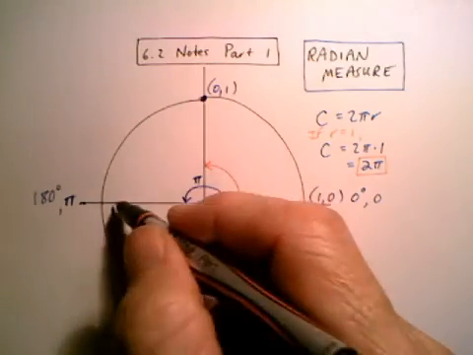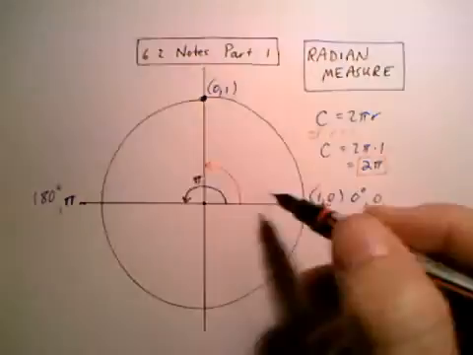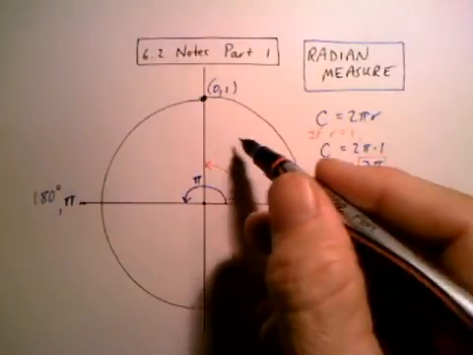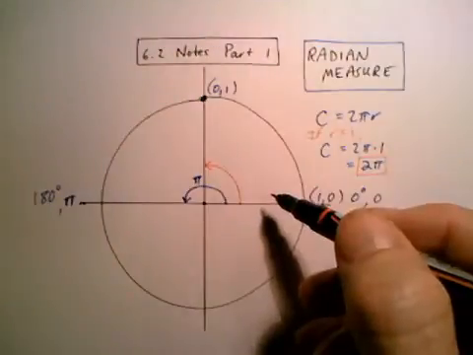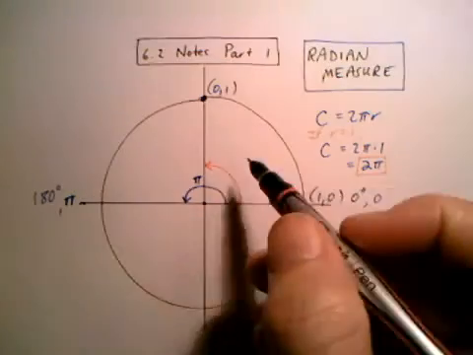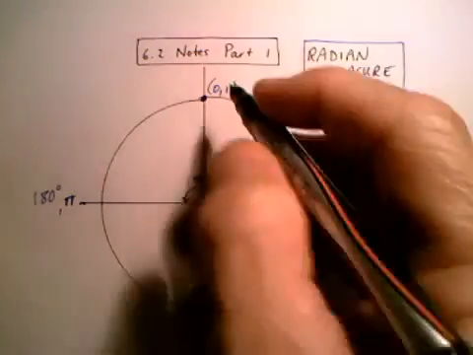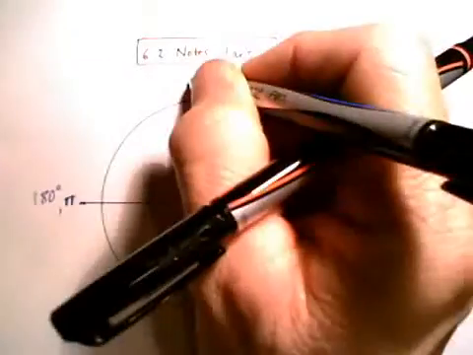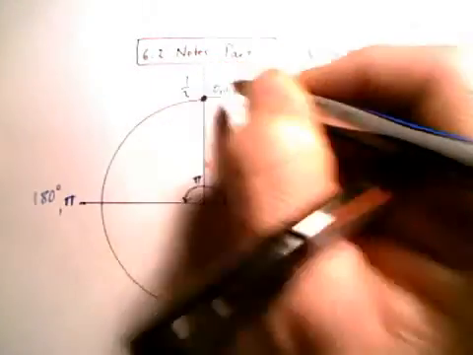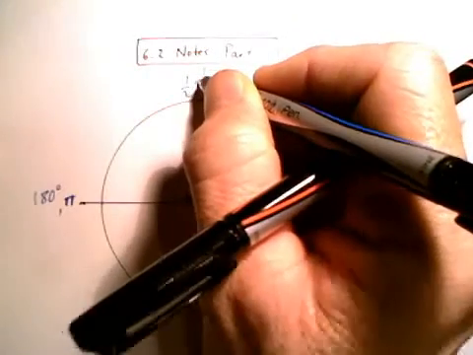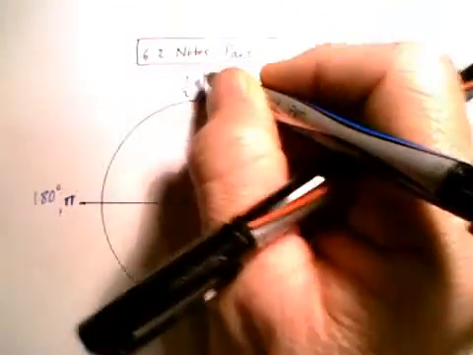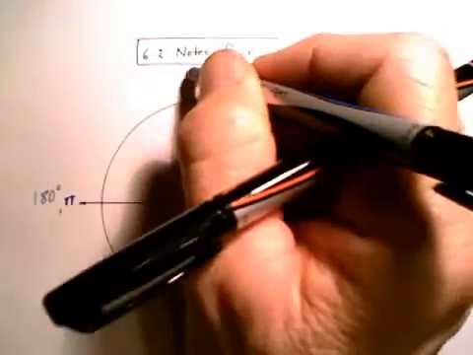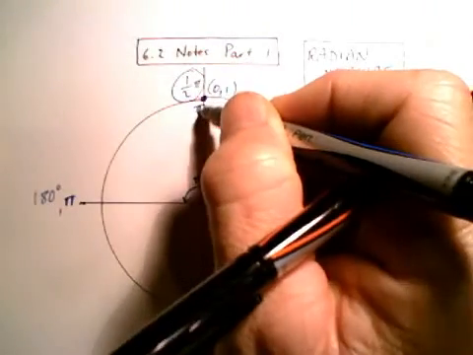So if we divide the top half of the circle into 2 equal parts, then this angle measure would be half of the way to pi. And so we would say that this angle measure is 1/2 of pi. And if you look at that, 1/2 pi, that's where we get pi over 2.